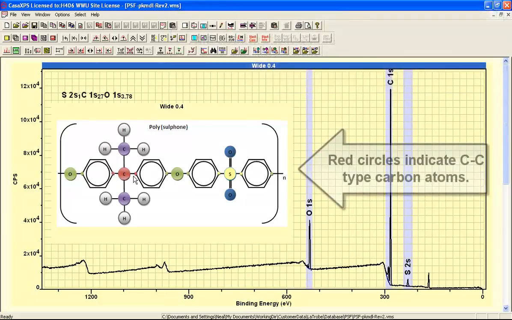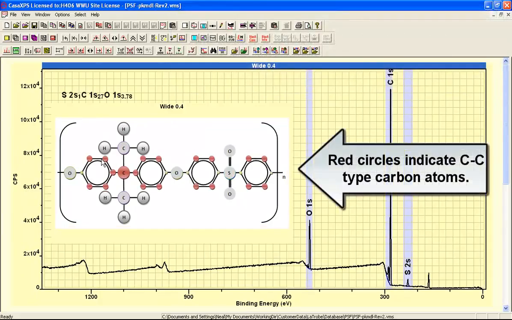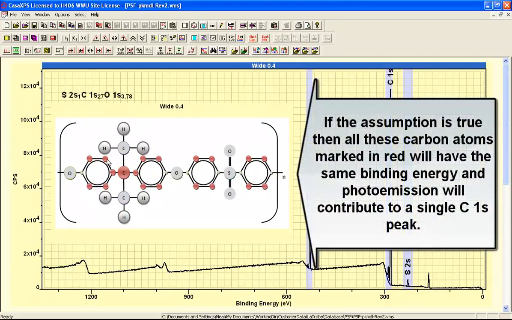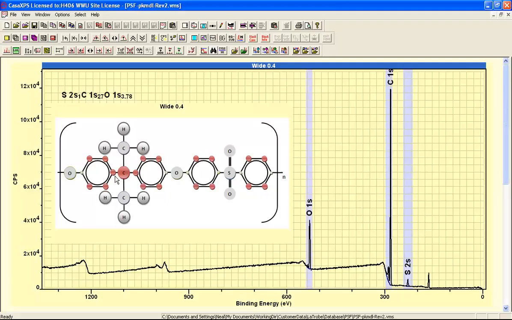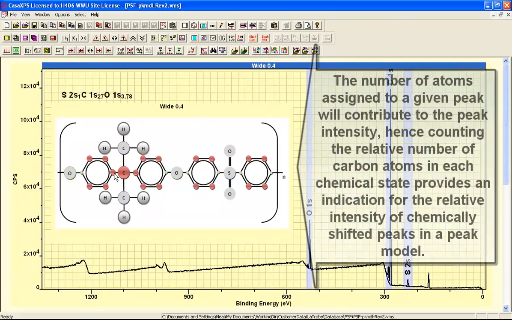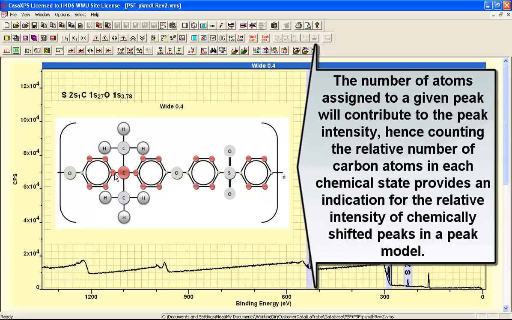So for example, if we consider these as equivalent carbon within this polymer, then the carbon 1s from these will all appear at the same binding energy, and therefore we should expect an intensity that is proportional to the number of carbon atoms that we can identify in this common bond state.